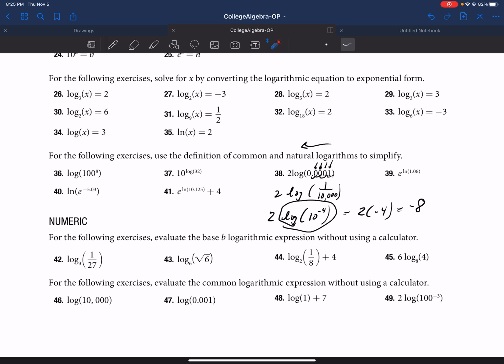And so the cool thing about this is if I took problem 42, I would say, okay, well, I don't know what it is right now. So to evaluate it means, what does that thing equal? I do know it's negative 3, but right now, let's say I don't know.